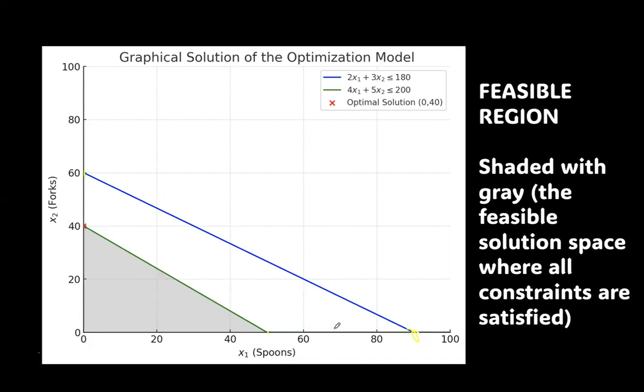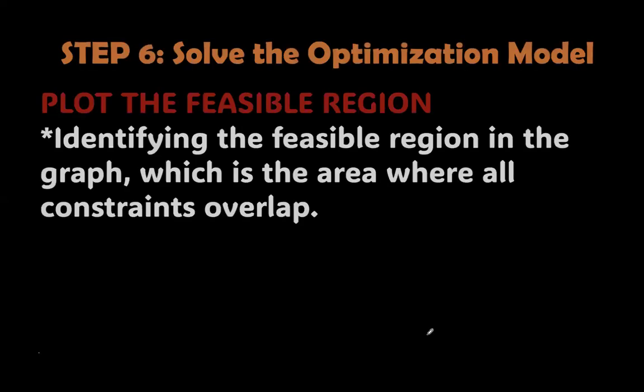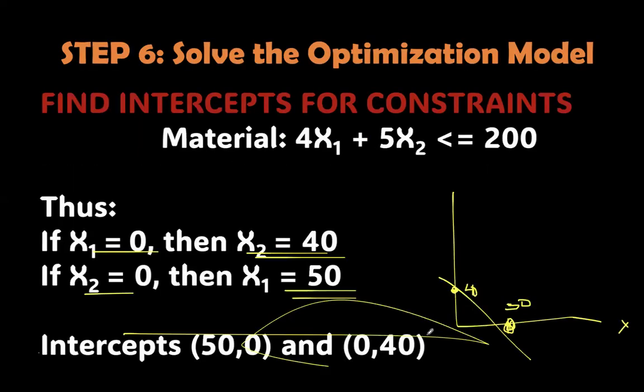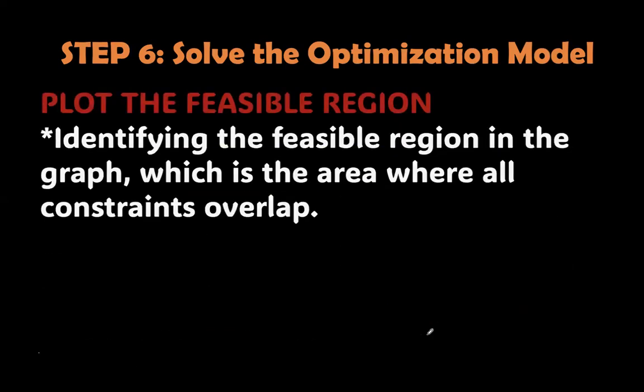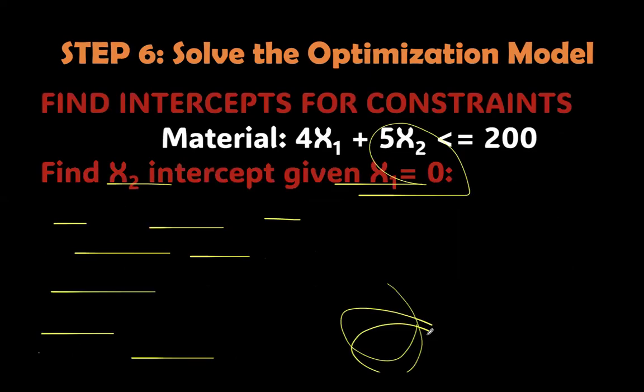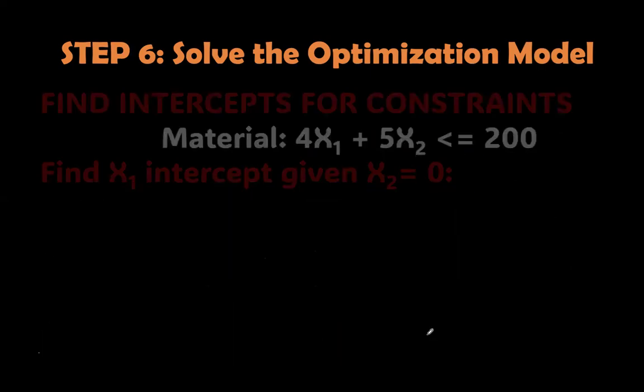So where is the feasible region right there? For example, this will be your material, and this will be your other constraint, labor.